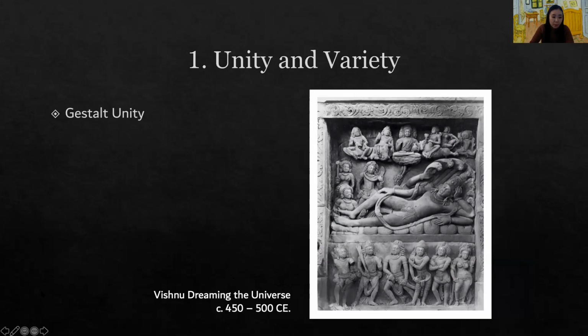So basically, Gestalt unity means the repetition of similar shapes in a work of art, like this. That is called Gestalt unity. To make a unity, the artist can use the repetition of shapes, like in this work of art.